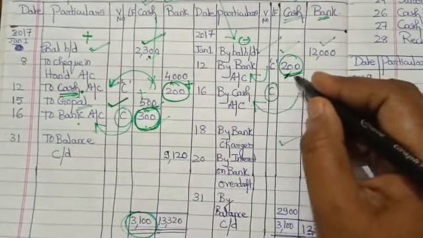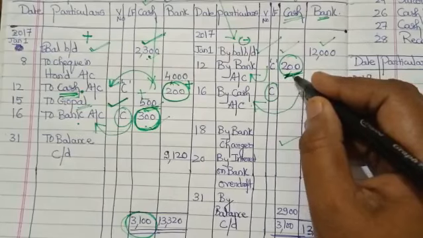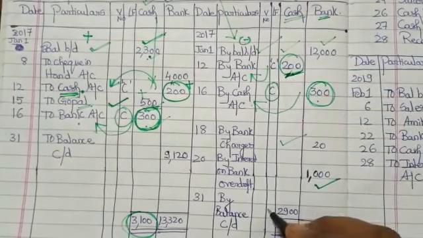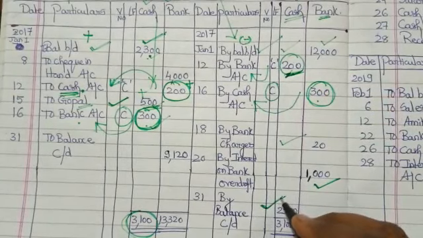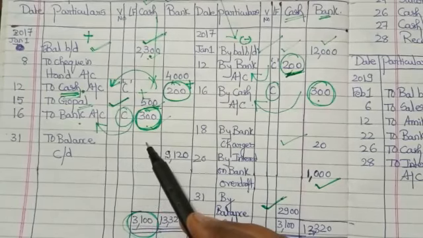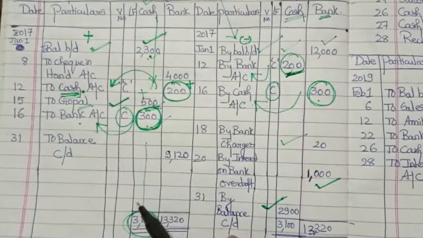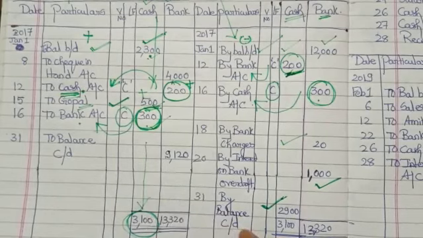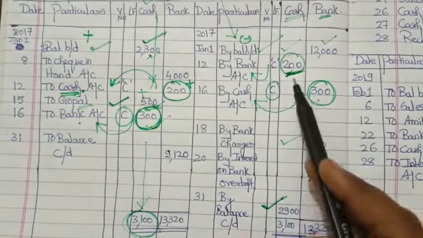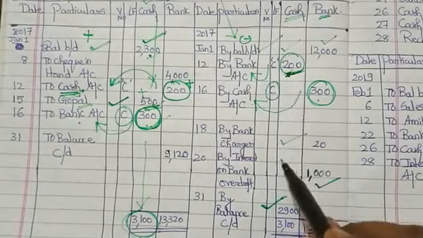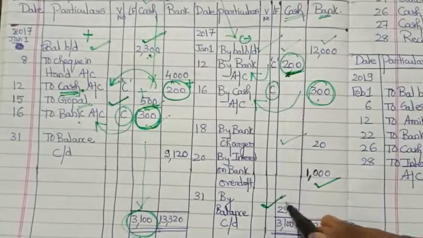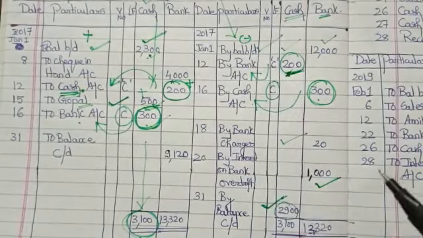Out of that, you have paid 200. So what will be the balance amount? 2900. Is it clear? You received cash totaling 3100. Out of that, you paid 200. Only one payment was there. So the balance is 2900.